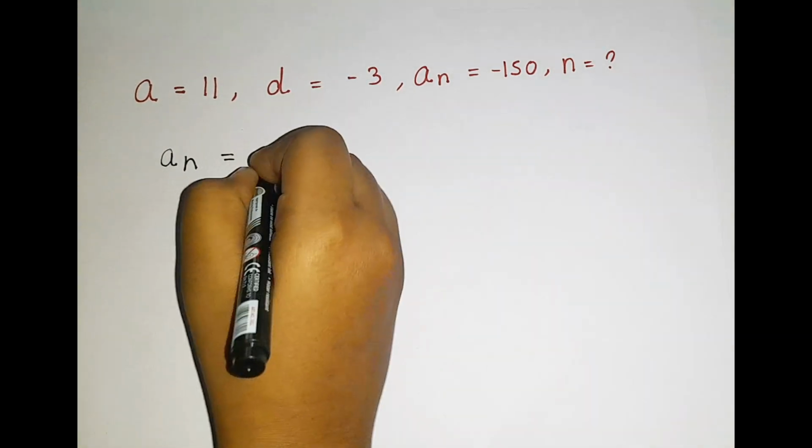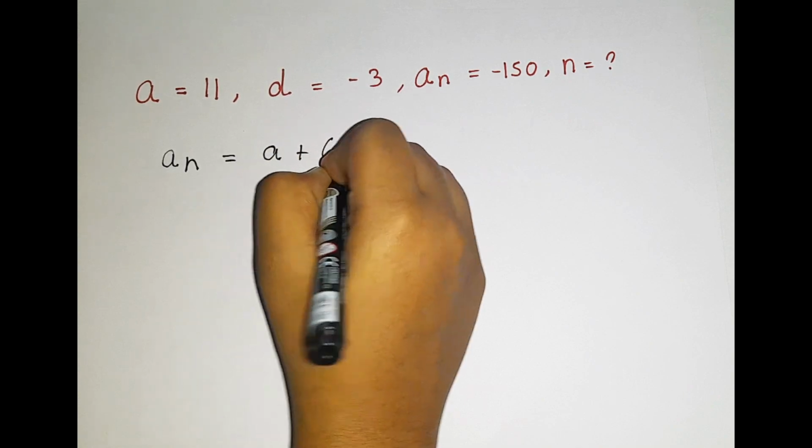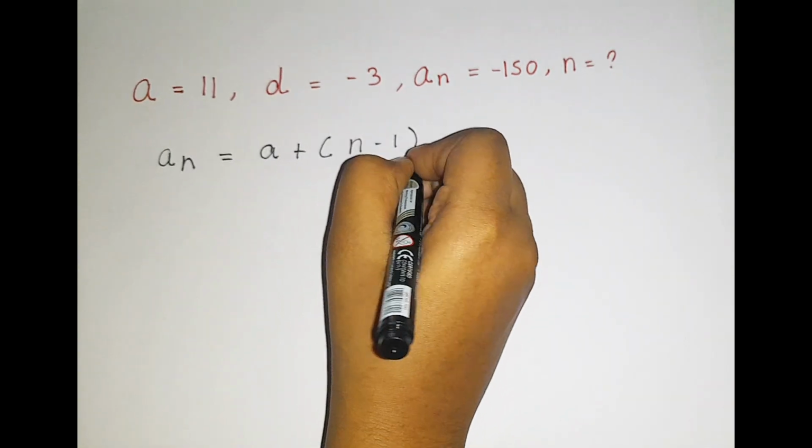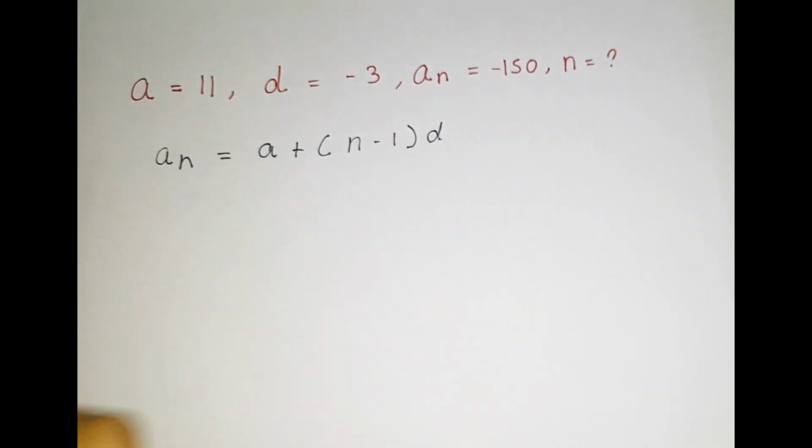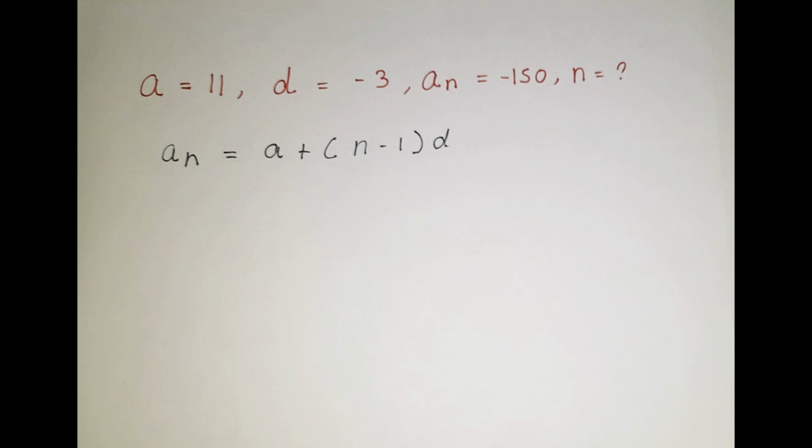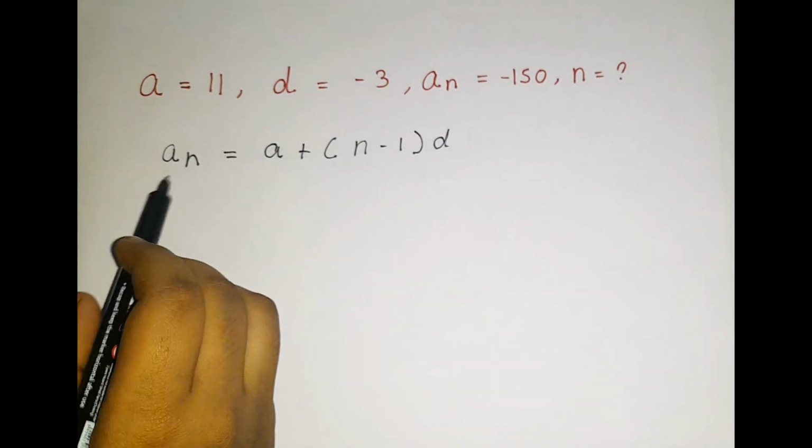AN is equal to A plus, open bracket, n minus 1, close bracket, into D. So this is the formula. Now let us solve it. What is AN here?